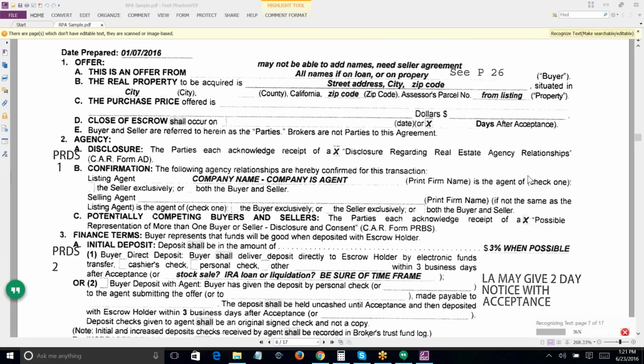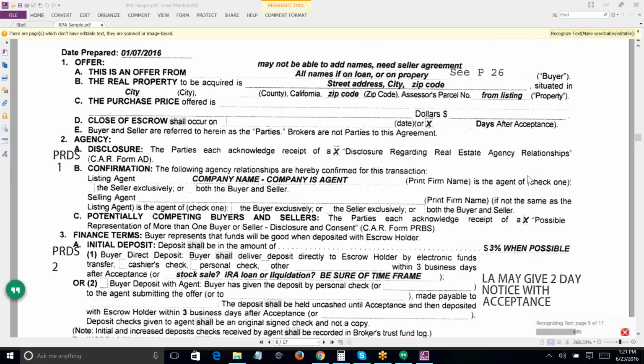Because sometimes the buyer is making more than one offer on more than one property, and they have no intention of putting the money into escrow on the one they don't want to buy. So if I change the status from active to pending and then they say, well, we've decided not to buy it, there's nothing I can really do, so I let it ride until the money is in escrow.